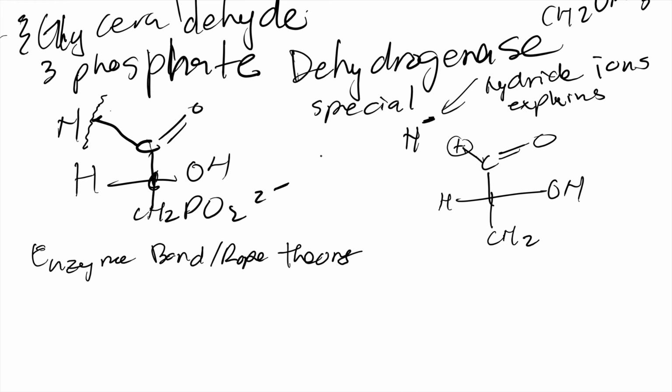So at this stage, we have some phosphate and some NAD plus, and then this NAD plus is gonna want to grab this hydride ion, and as a product, this is going to make NADH.